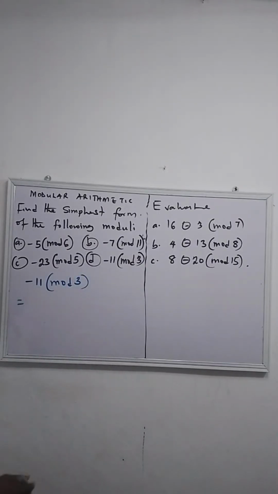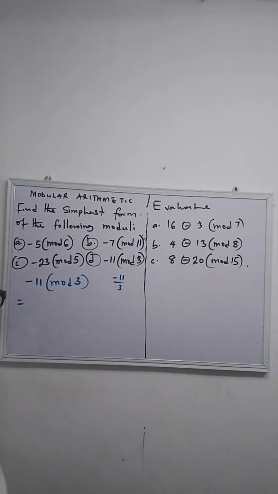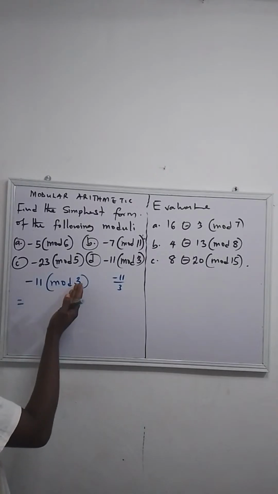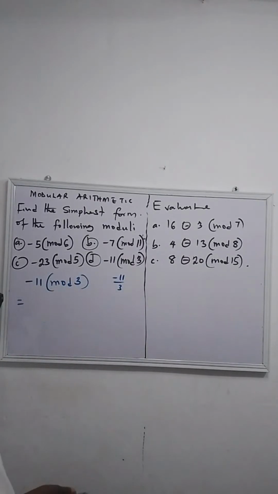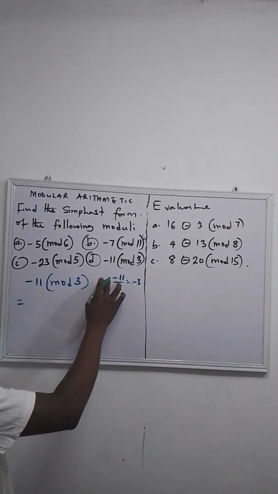Now you have negative 11 divided by 3. If you disregard negative, you see 3 can go in 11. So 3 goes in 11, so that's going to be what? That's 3. Let's say negative 3, since we have negative here.